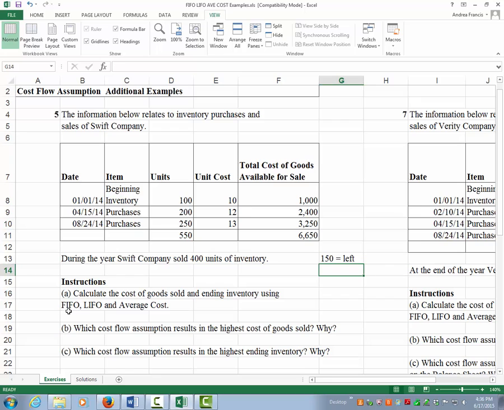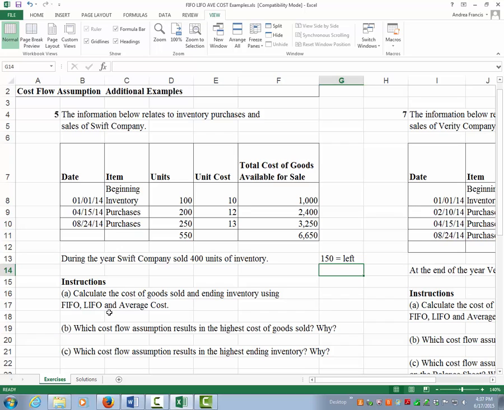Well, when we use the first in, first out method, what we are saying is that we assume, remember this is not necessarily a fact, we assume that the first units to be bought are the first units to be sold, which means that if we sold 400 units under FIFO, we would begin to look for units sold from the earliest date.